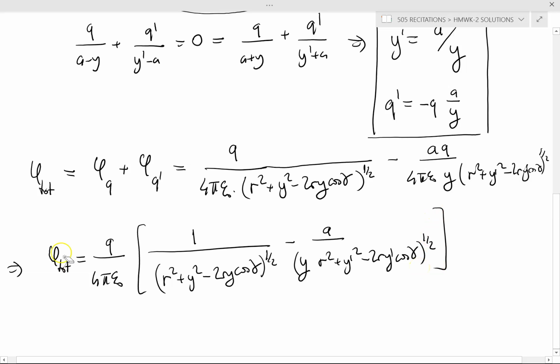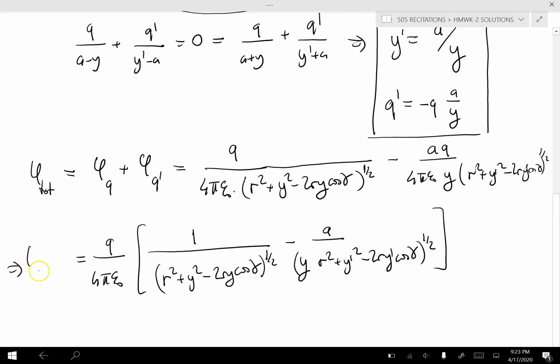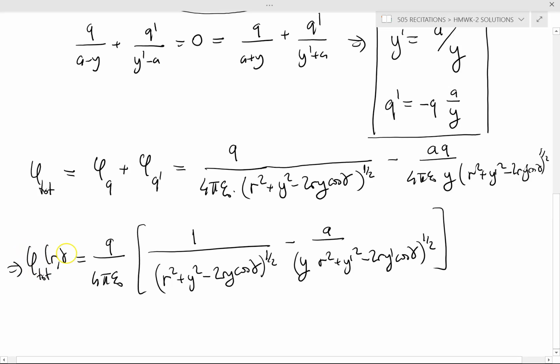Potential at where? Potential at r, gamma.